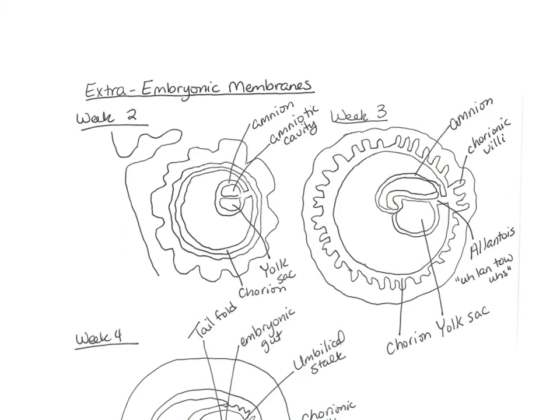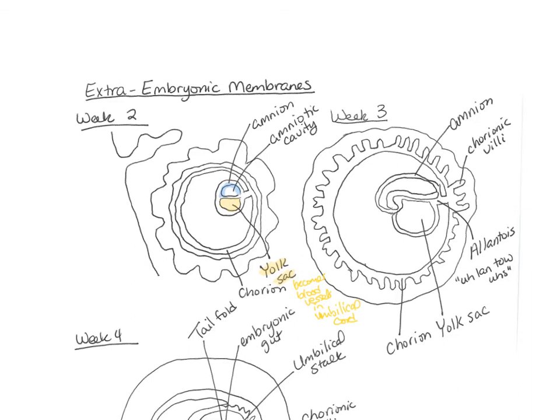So here again we see at week 2, we can see the 4 extraembryonic membranes. The yolk sac is the primary source, again, for the early embryo. It will become the embryonic blood vessels in the umbilical cord. The amnion are the ectodermal cells that line the amniotic cavity.